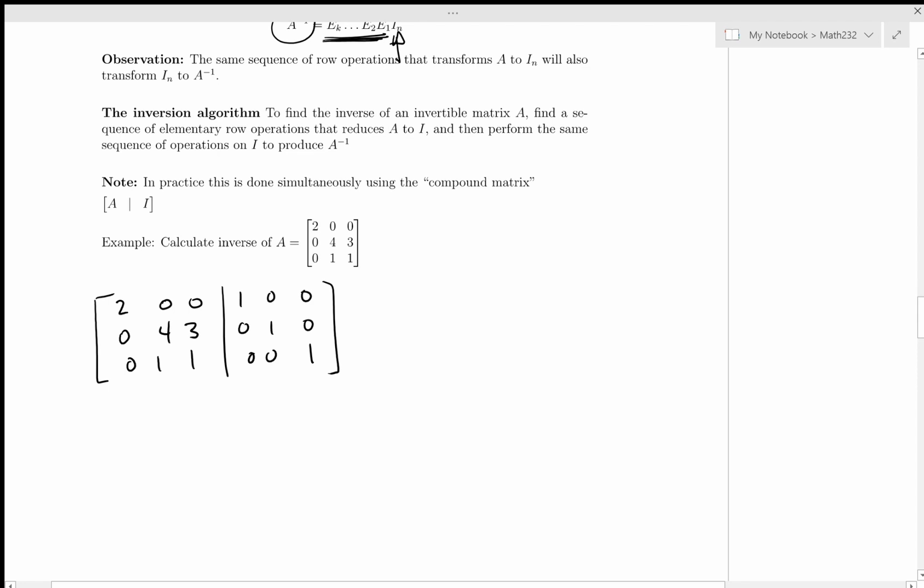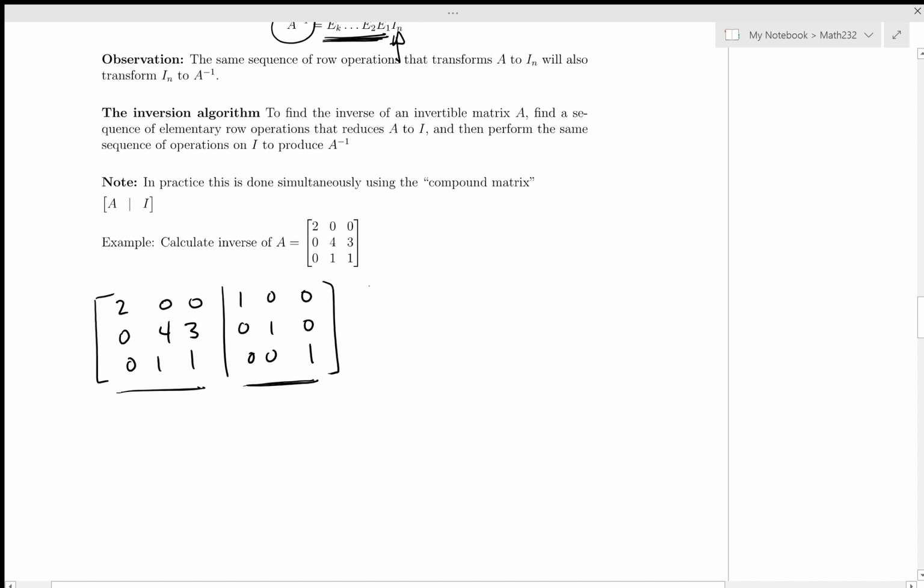Now I'm going to apply elementary row operations to take this portion, A, and turn it into I. At the same time, I'll be applying the same row operations here, and it's going to turn this I into A inverse. Let's watch how this works.